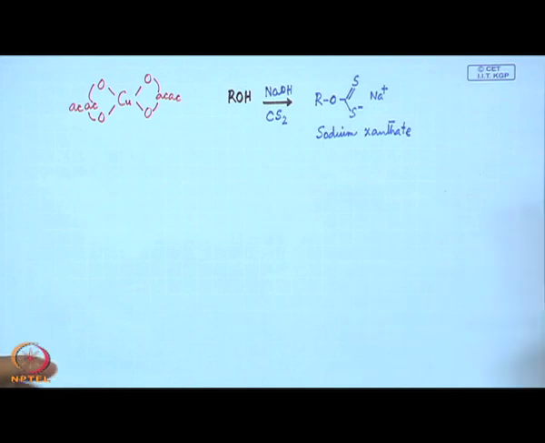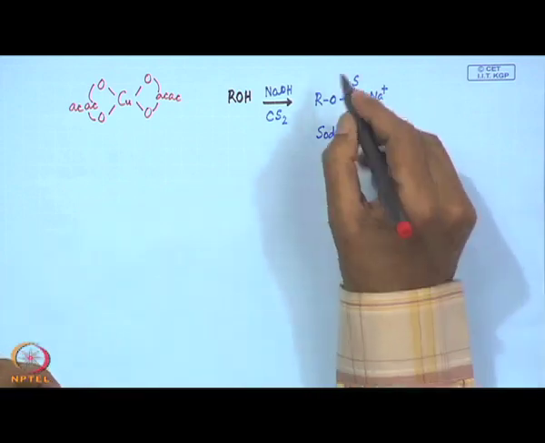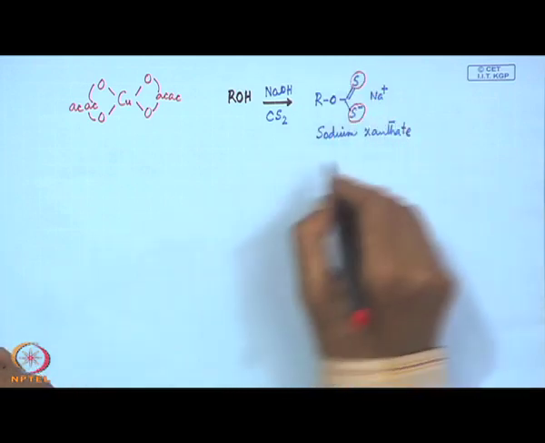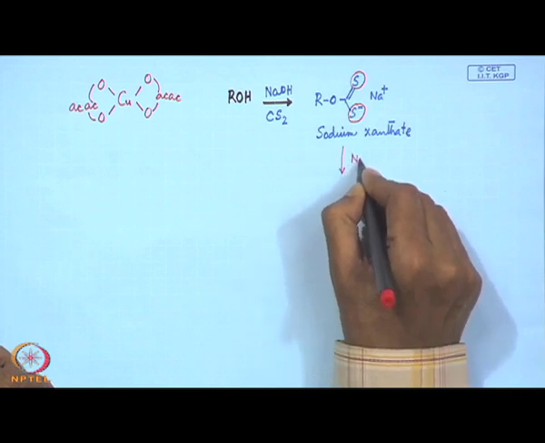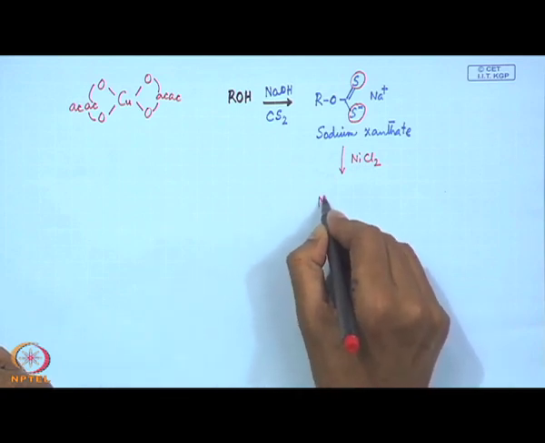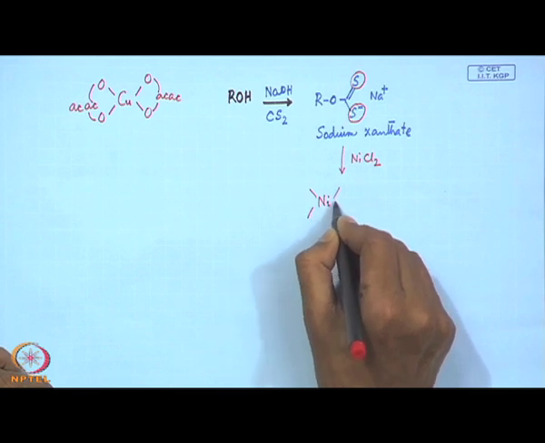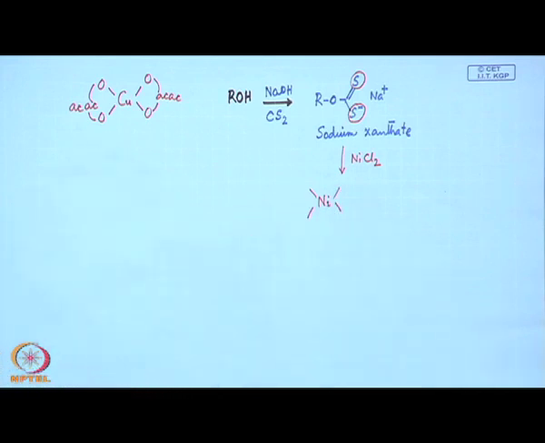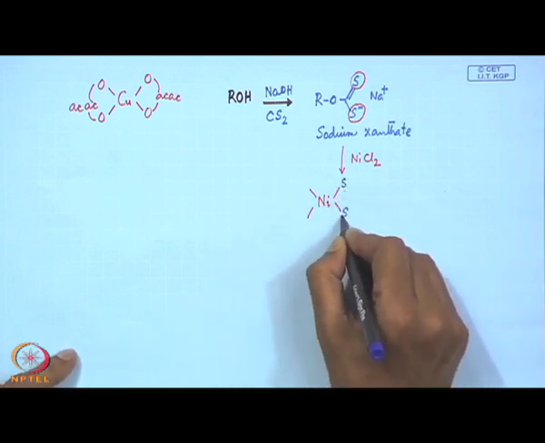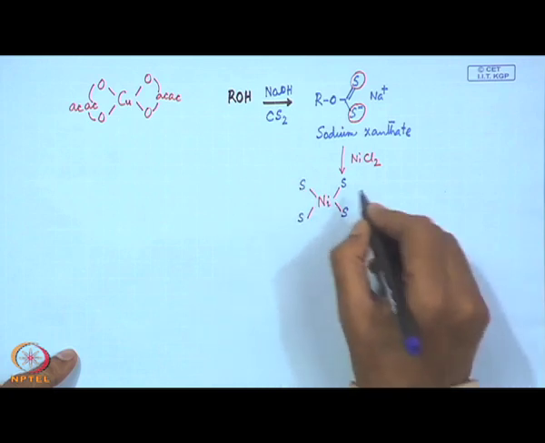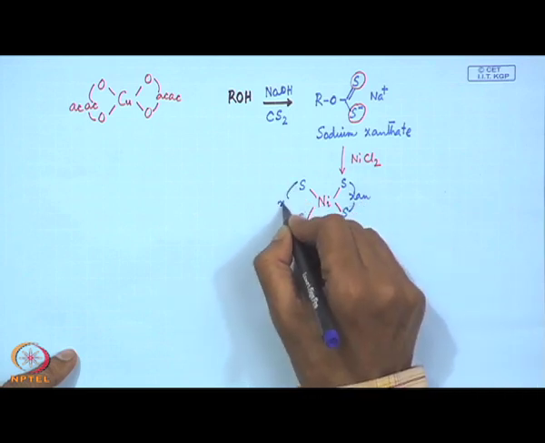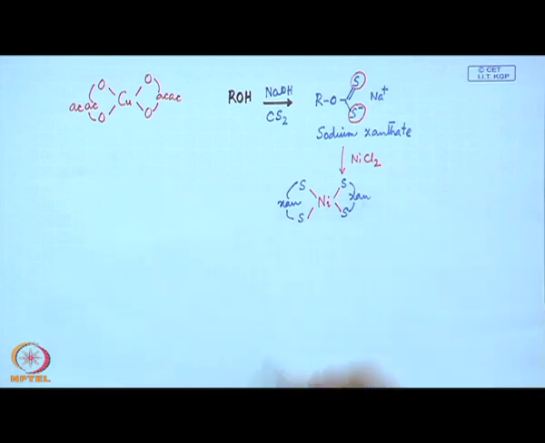Sulfur donor groups are bigger atoms, and these bigger atoms can go and bind to the metal center. So, if we add simple nickel chloride, it gives rise to the corresponding nickel compound of the ACAC type, but in this case we have both sulfur groups attached to it, the xanthate sulfur.